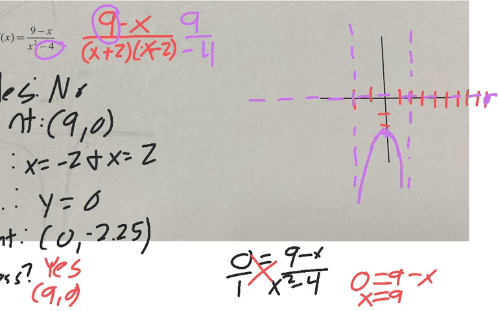So right here, between my vertical asymptotes, it has to have that shape. Now, did I have any togetherness of my vertical asymptotes? No. So that means if I go to the right, I can't start down here or I would have togetherness. So I have to start up here.